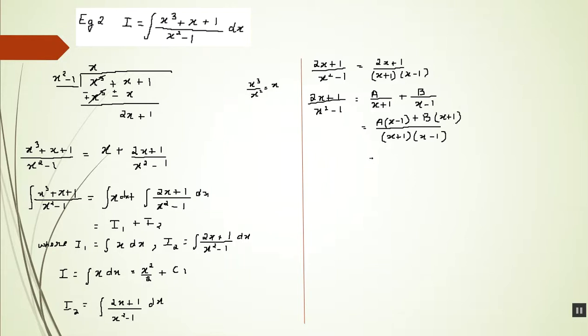So this is equal to ax minus a plus bx plus b divided by x plus 1 into x minus 1.